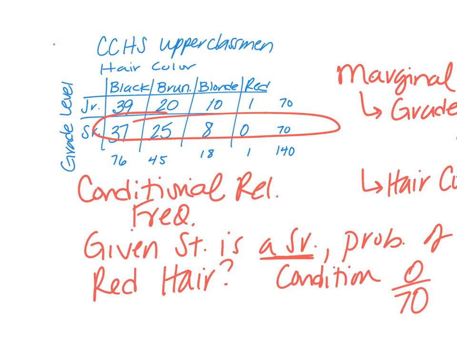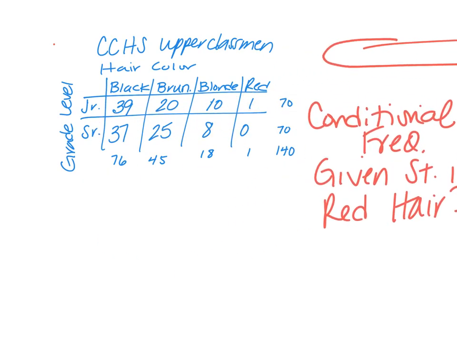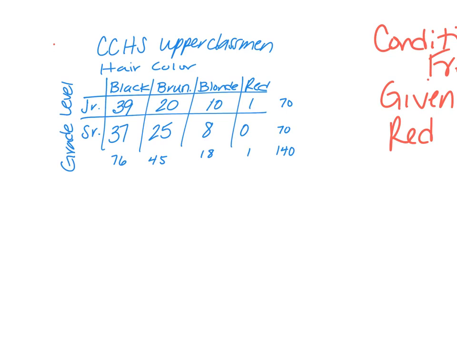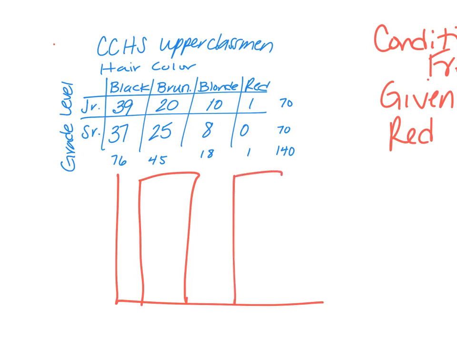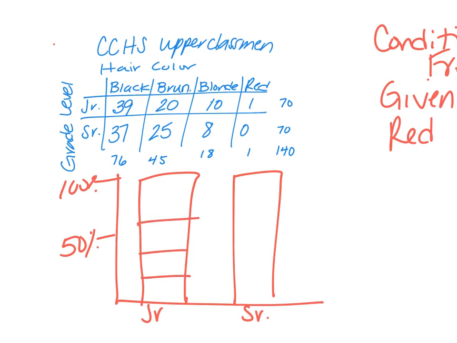And so a segmented bar chart, let me scoot these out of the way. A segmented bar chart would look something like this, where you have one bar, let's say for the juniors, and one bar for the seniors. This is divided up into their percentages. And then you would have different little spaces in here to represent how it's broken up.